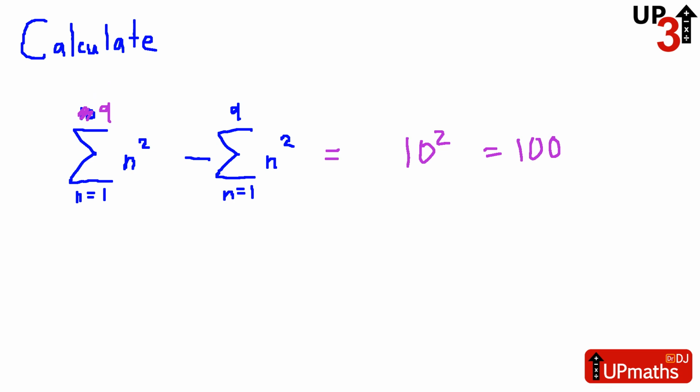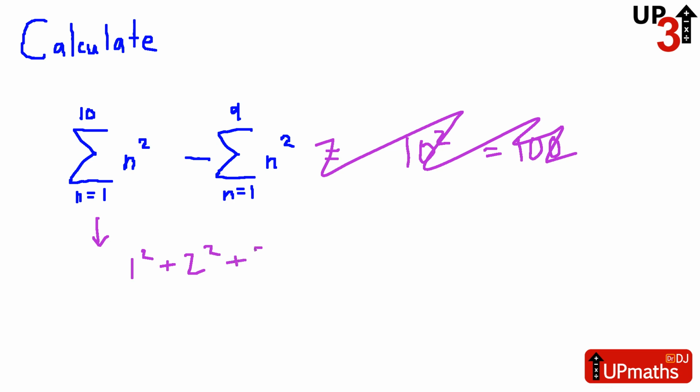If that hasn't made sense yet, that's the end of the video, by the way. But in case that hasn't made sense, I'm just going to explain it again more clearly. So this one is 1 squared plus 2 squared plus 3 squared plus 9 squared plus 10 squared, and then in a different colour I'll do the other one.